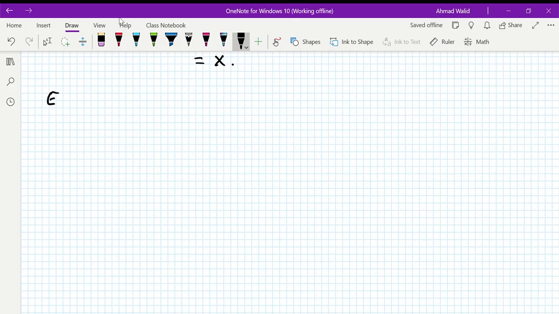Example number 2. f of x equals 7x minus 5 and g of x equals (x plus 5) over 7. Verify if these two functions are inverse to each other.